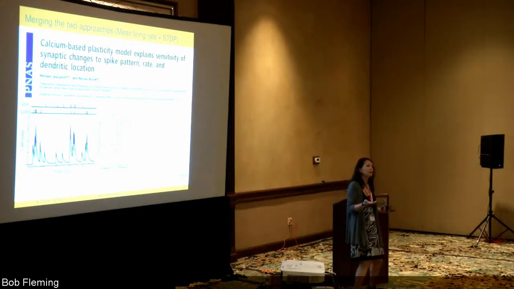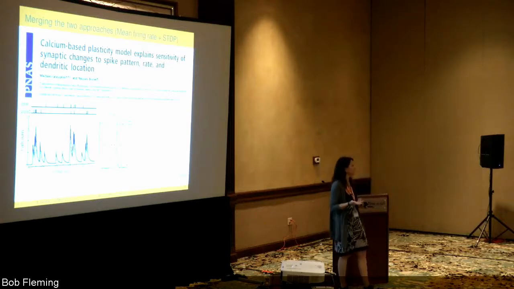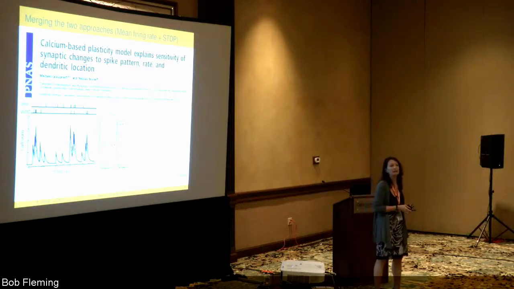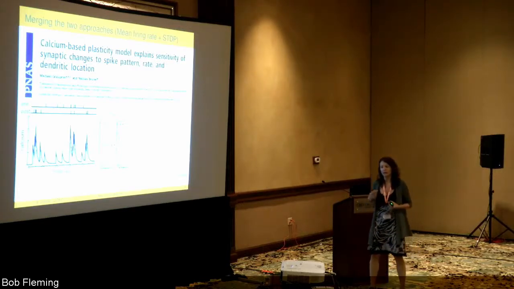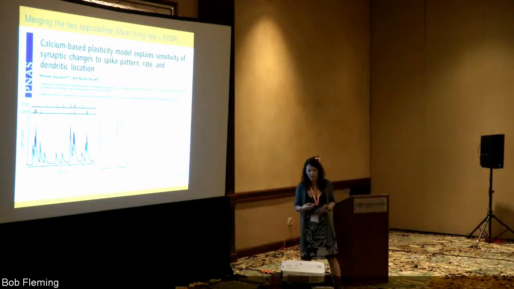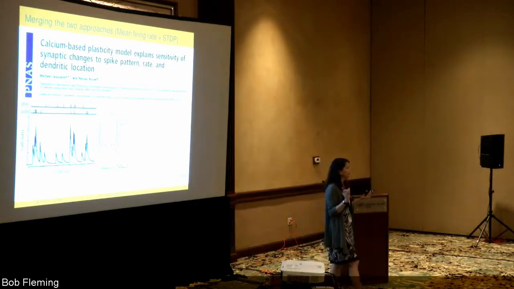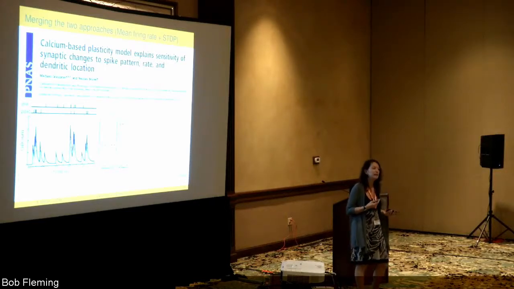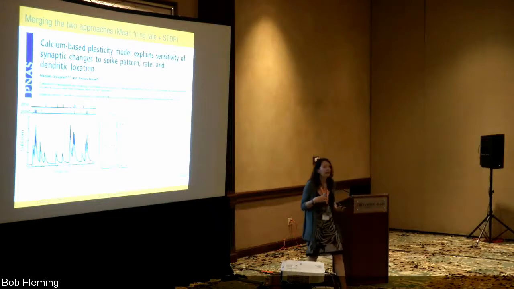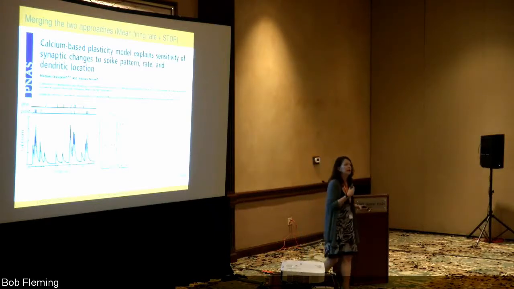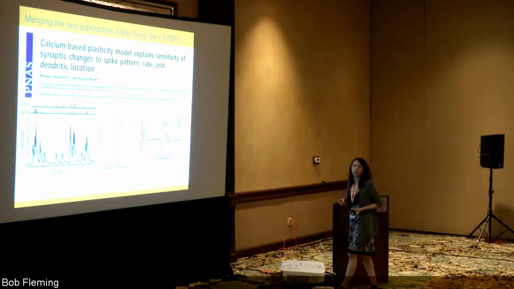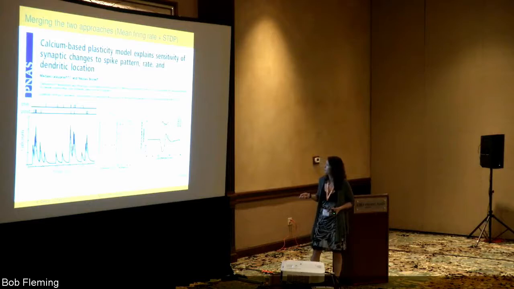But of course, you can imagine that if you go up with the frequency of the stimulation, at some point, biology is not able to care anymore about the precise delta T. So what you observe in biology is that if you repeat the STDP protocol by changing the frequency of the pairs, you will eventually see only potentiation, no matter what. So even if the delta T is compatible with depression, in the synapse you're looking at, as you increase the frequency, you will see only potentiation. And that is what this model reproduces, and this is shown in this graph. So at low frequency, now the black is 1 Hz.